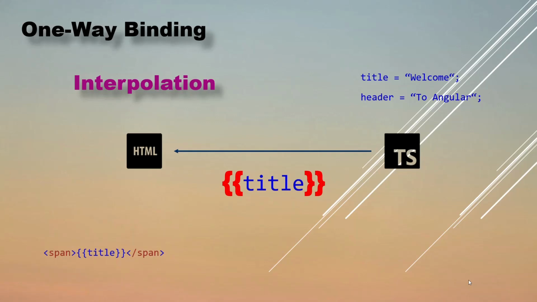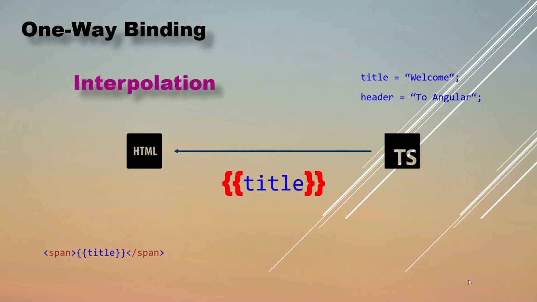So how can we write it: span, then double curly braces, then title, then closing the span. Generally we write span, then whatever text like welcome, then the closing of the span. Now we need to make this dynamic. We are doing dynamic data binding.